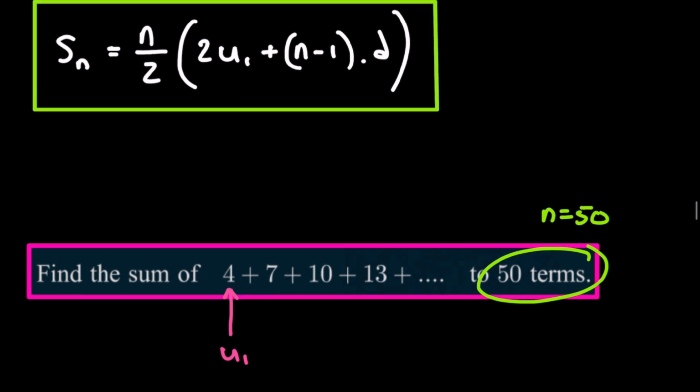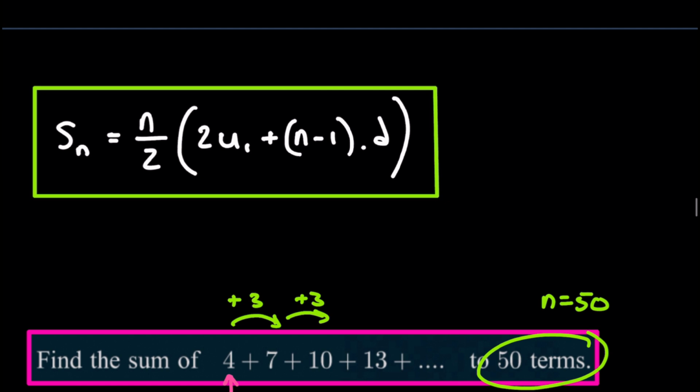Just before we substitute this in, we can see that there is a common difference between all of these of 3, and it's positive 3. That will be important because that's our d value. Let's plug this into the formula.